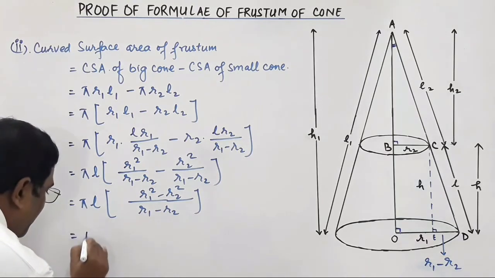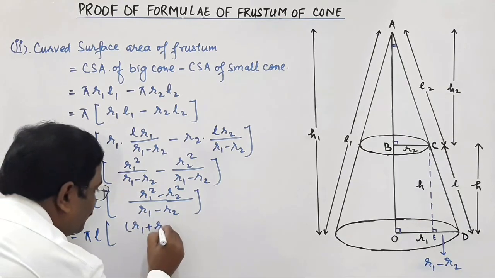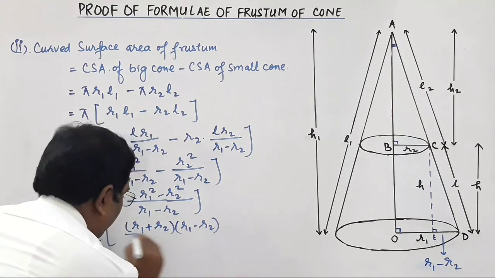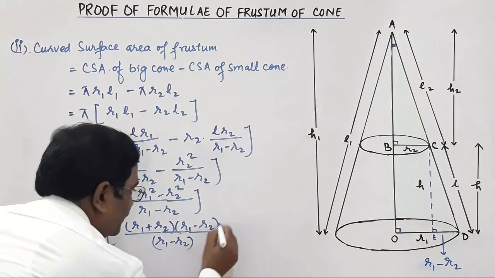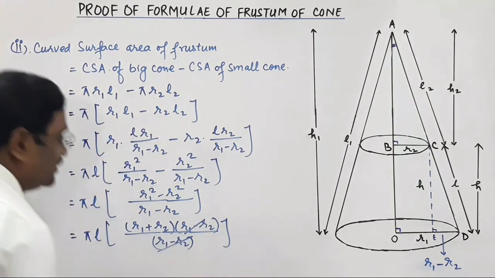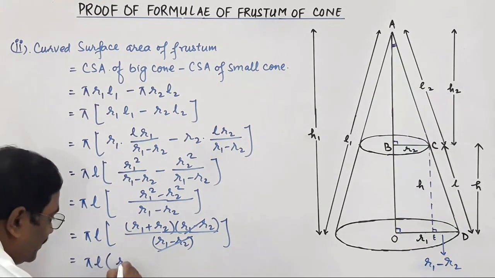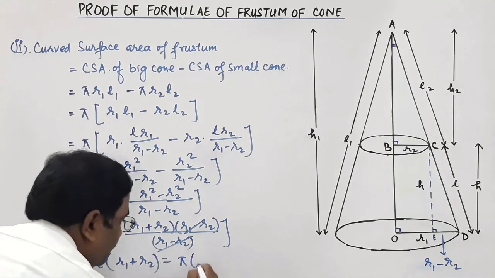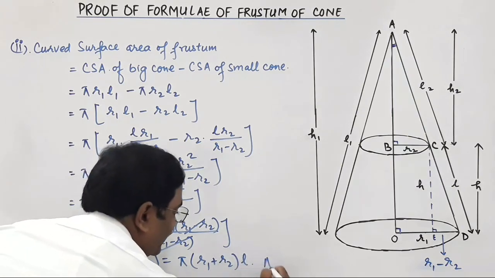Therefore pi into L, R1 plus R2 into R1 minus R2, divided by R1 minus R2. So this R1 minus R2 is cancelled. We got pi into L into R1 plus R2, which can also be written as pi into R1 plus R2 into L.